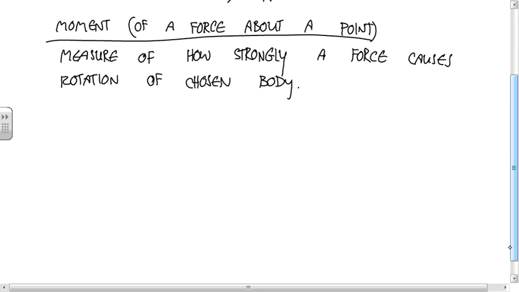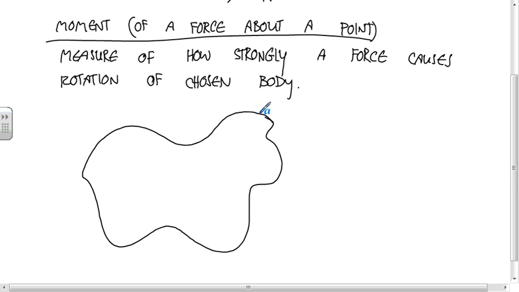Okay, so here's the definition. So this is some random chosen body. And say that this body pivots around this point A.